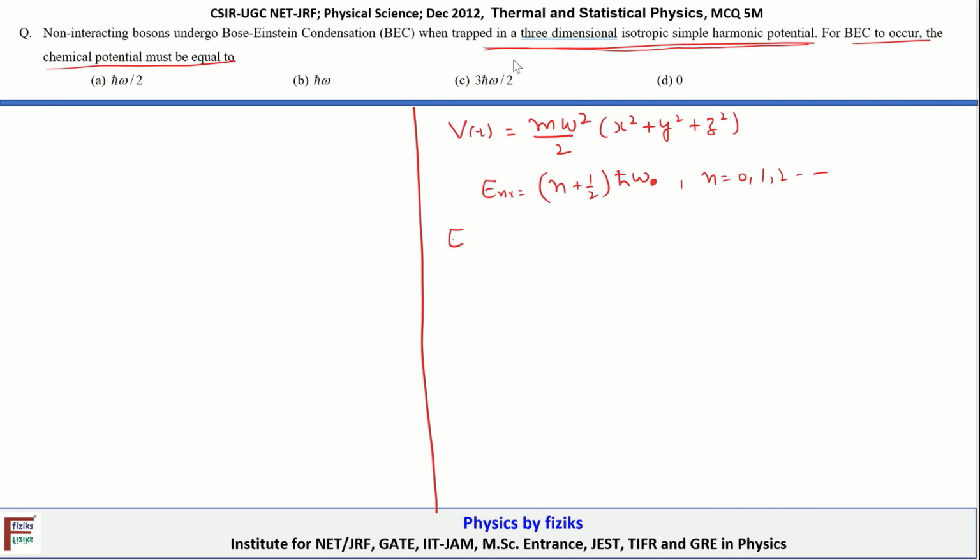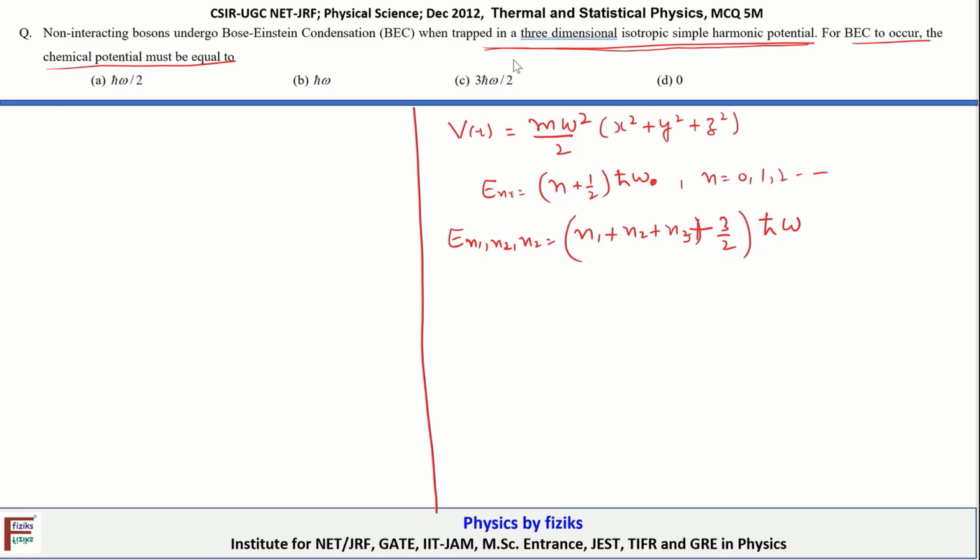So when we are having isotropic three-dimensional potential, here we will have three different indices, n1, n2 and n3, and that will be equal to n1 plus n2 plus n3 and then plus 3 times 1 by 2, so that is 3 by 2, and then h cut omega, where n1, n2 and n3 can take value from 0 and so on.